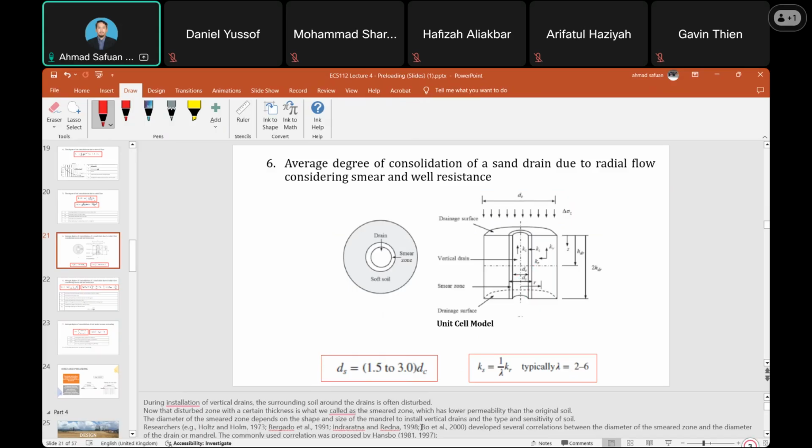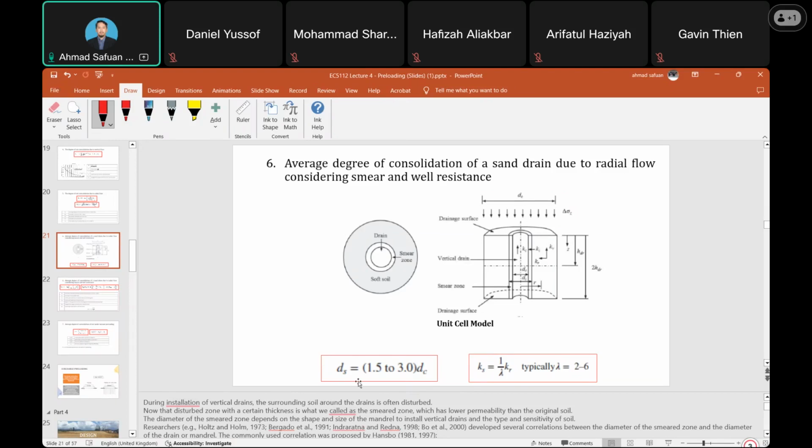That disturbed zone with a certain thickness is what we call the smear zone, which has lower permeability than the original soil. The diameter of the smear zone depends on the shape and size of the mandrel used to install the vertical drain and the sensitivity of the soil.